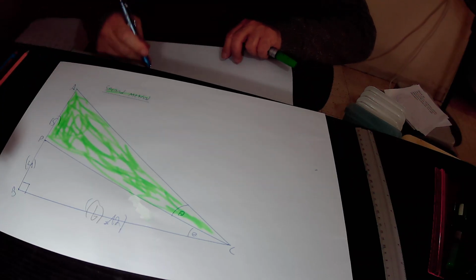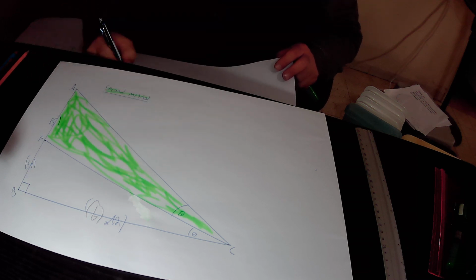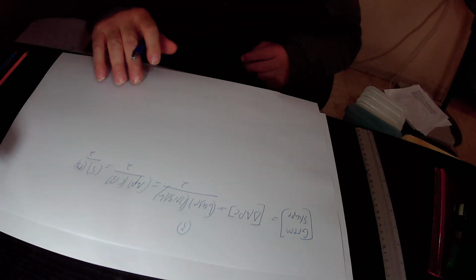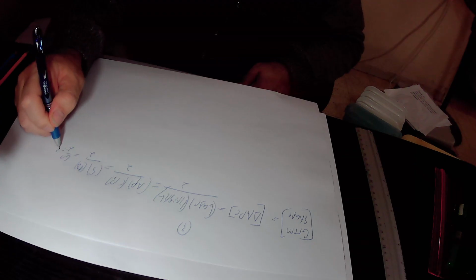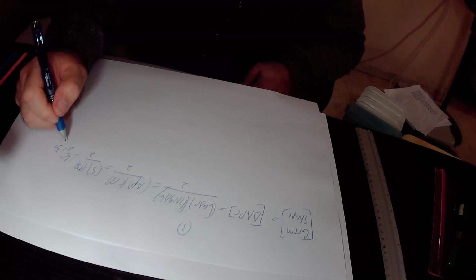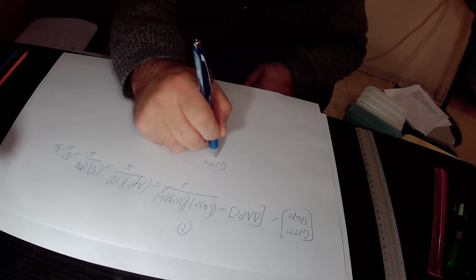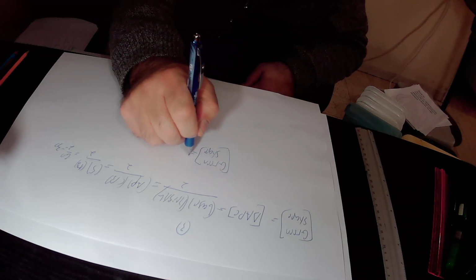AP equals 5, CB equals 12, over 2. So in total, according to the second method, the area equals 5 times 12, that is 60 over 2. 60 over 2 is 30. So according to the second method, the green shape is also equal to 30 squares in size.